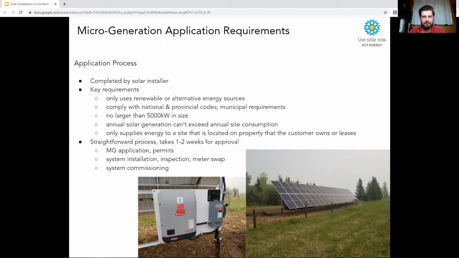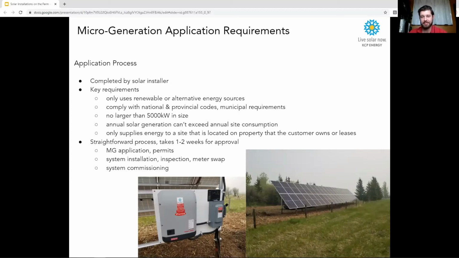The application, once you have it together and submit it, typically takes about 1 to 2 weeks to receive notice from the utility whether it's been approved or not. Assuming it was designed correctly, it will be approved. And once approved, you can obtain municipal permits and proceed with the actual installation.